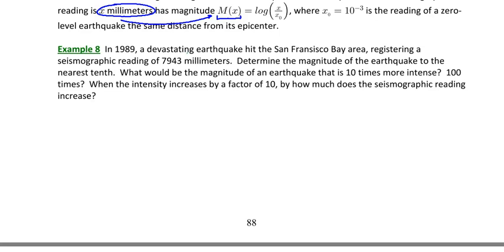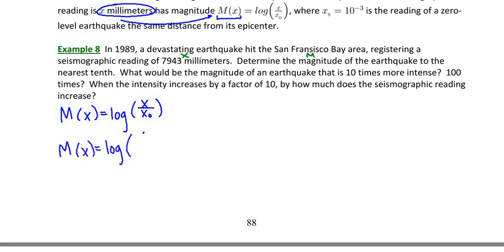So we have the seismographic reading and we want to convert it into a magnitude. Our function is M(x) = log(x / x₀). And remember, when the function was introduced, that x₀ reading was 10 to the negative third, so we can write this as 10 to the negative 3.